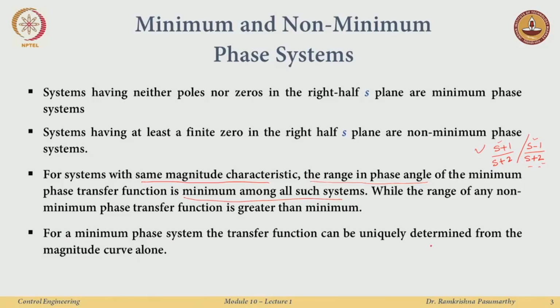If I just give you a magnitude characteristic, where this is my frequency and this is my magnitude of G(j omega), and it looks something like this, then I know that what I do is a Bode plot, and with the corner frequencies and the gain at, say, omega equal to 1, I can actually write down the transfer function.